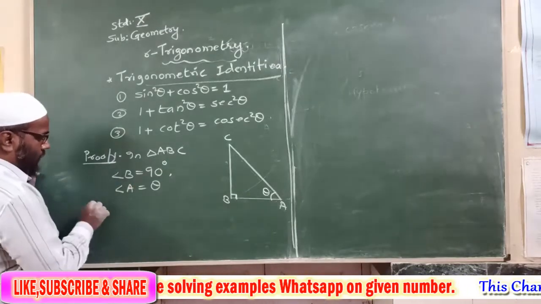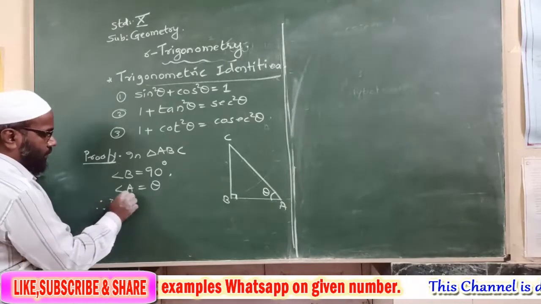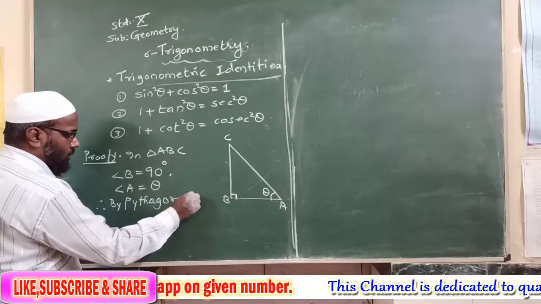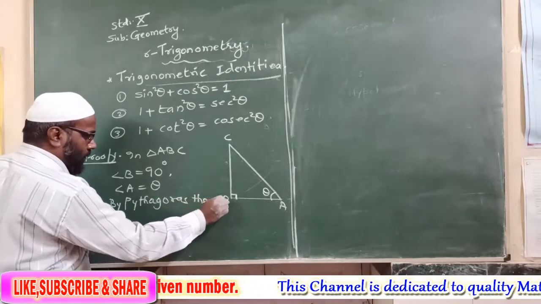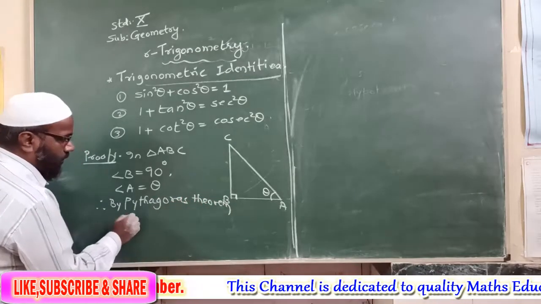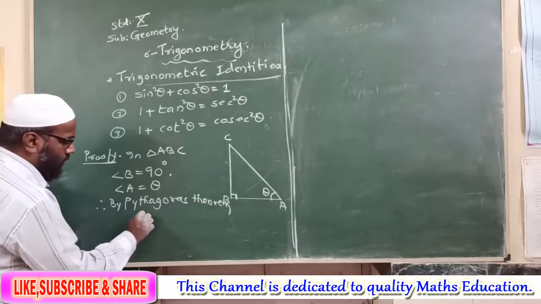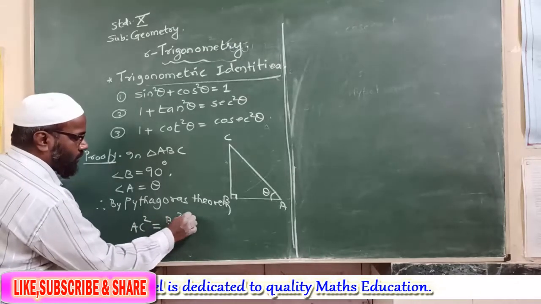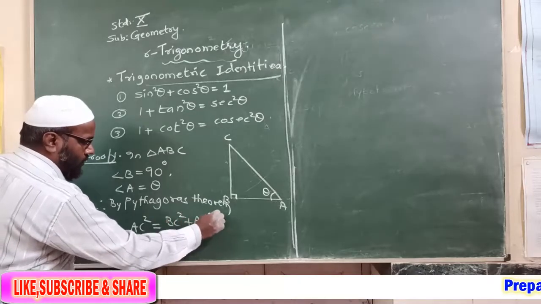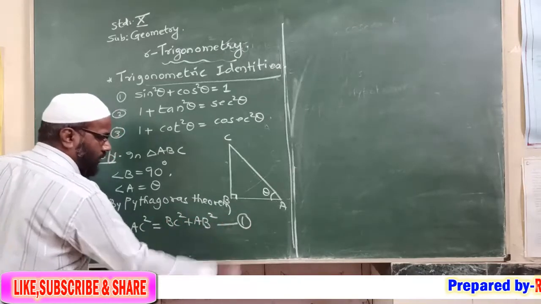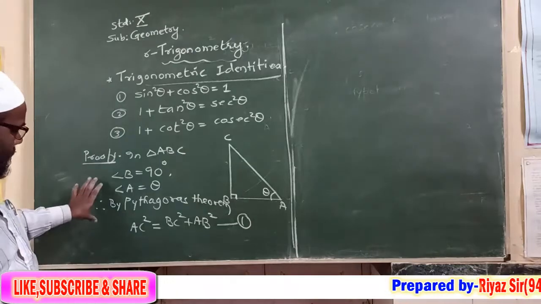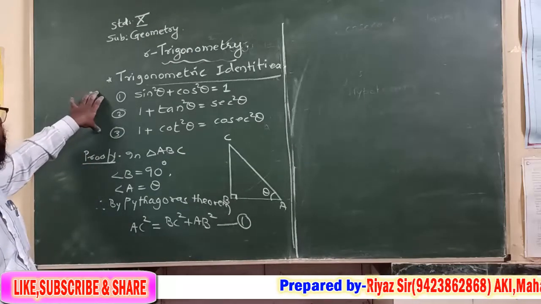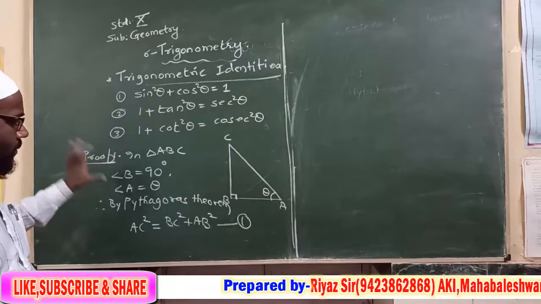Therefore by Pythagoras theorem, we have AC square is equal to BC square plus AB square. This is equation number 1. This is the starting part for the proof of each identity. This is the common part.